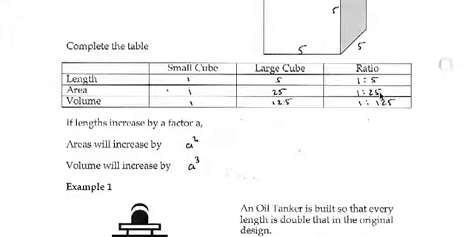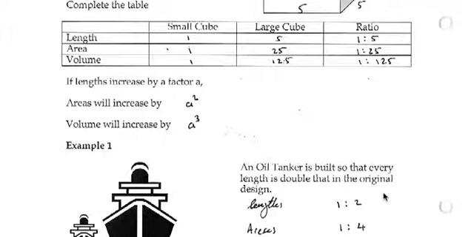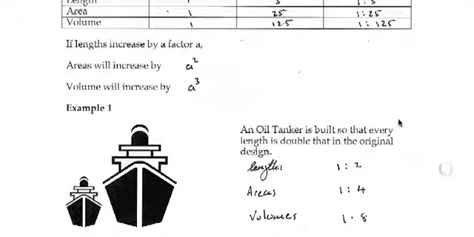Going back to this, that means the areas have been multiplied by 4, and the volumes have been multiplied by 2 cubed, 8. So this new, bigger oil tanker, although it's twice as long, twice as wide and so on, it carries 8 times as much oil.